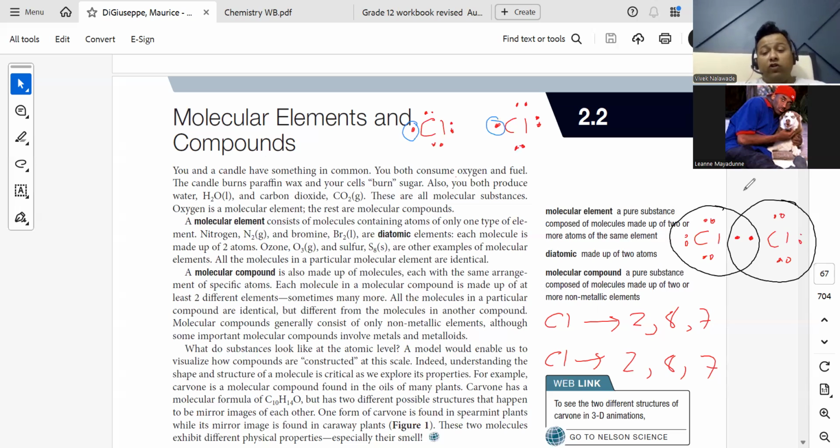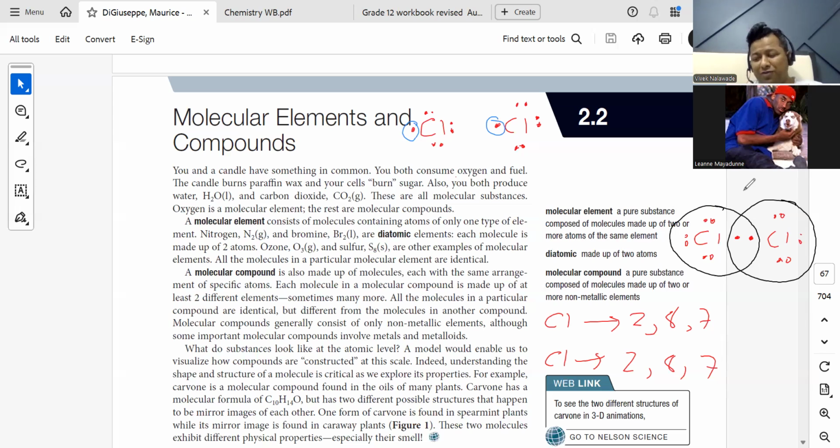So covalent compounds are formed between two non-metals, by the sharing of electrons. Why do they share electrons? Because both need one electron.